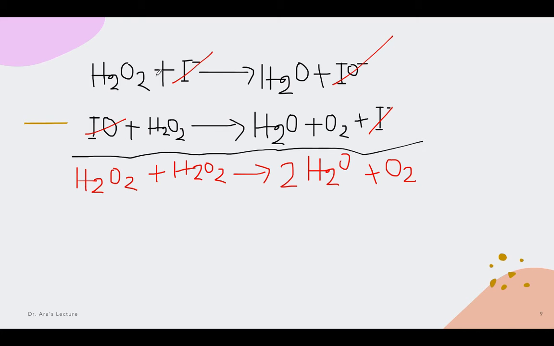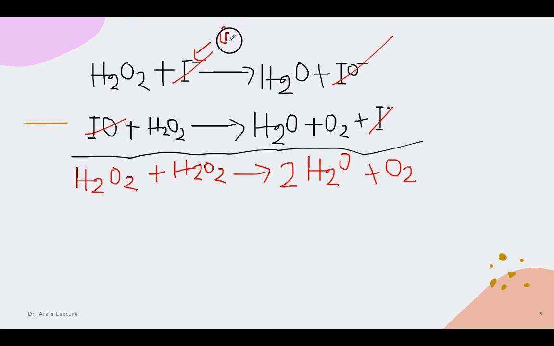But reactants, remember, always participate in the chemical reaction to form product. But here, whatever the product we have, there is no product related to iodide. So that means this is actually the catalyst.